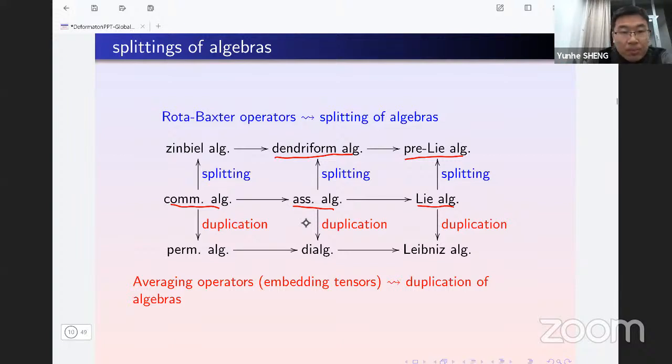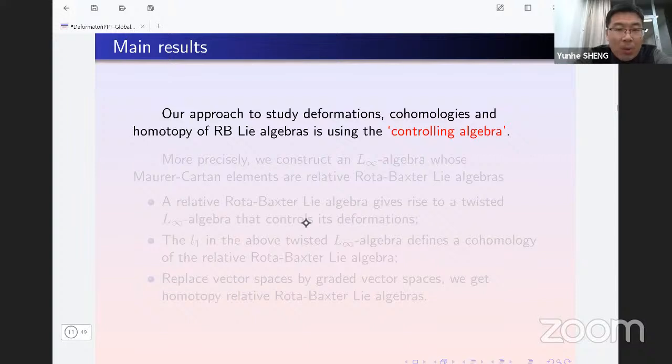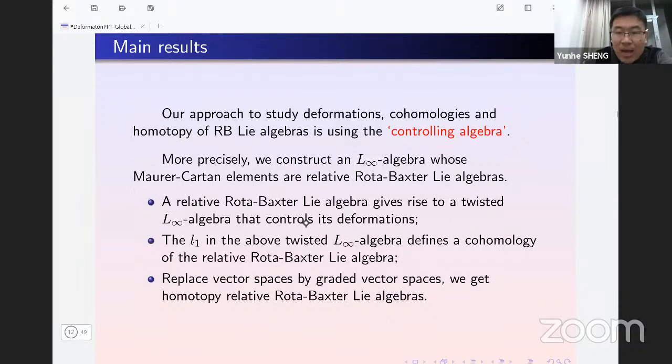Our purpose is to study deformations, cohomologies, and homotopy of Rota-Baxter Lie algebras. Our approach is to use a controlling algebra. More precisely, we construct an L-infinity algebra whose Maurer-Cartan elements are relative Rota-Baxter Lie algebras. We call this L-infinity algebra the controlling algebra.